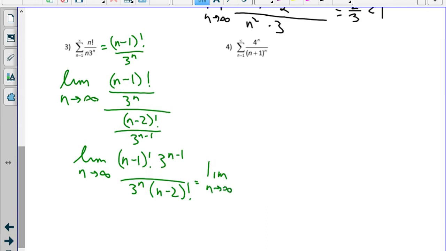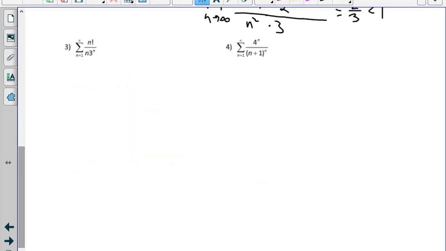I do a little canceling, so n minus 1 over n minus 2 with the factorials, that's going to be n minus 1 in the numerator, and then I'm going to have a 3 in the denominator. Now notice that as n goes to infinity, n is going to dominate, so the limit is infinity, which is greater than 1, so that means this diverges. Pause it if you need to, because I'm erasing.